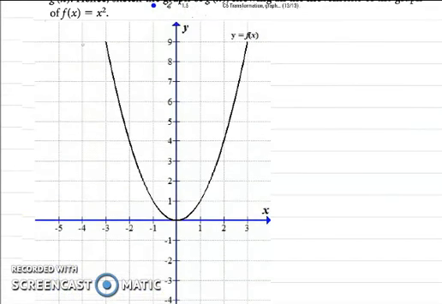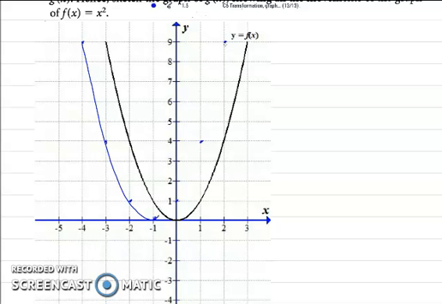So in other words, everything simply moves 1 unit to the left. This comes here and this comes here. All right, so this is the graph of f of x plus 1.